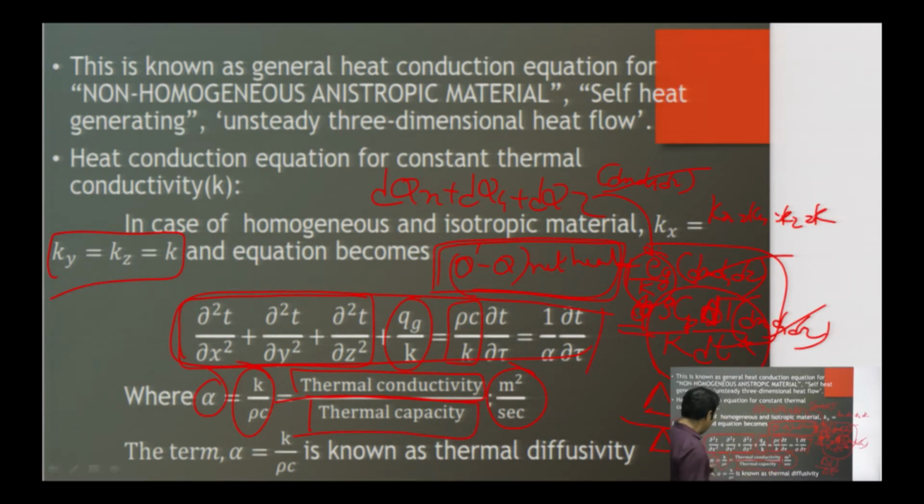Since alpha equals k by rho c, rho c by k has to be 1 by alpha. So the final equation is del square T by del x square plus del square T by del y square plus del square T by del z square plus qg by k equals 1 by alpha del T by del t, where t is time and alpha is the thermal diffusivity that I have already discussed.